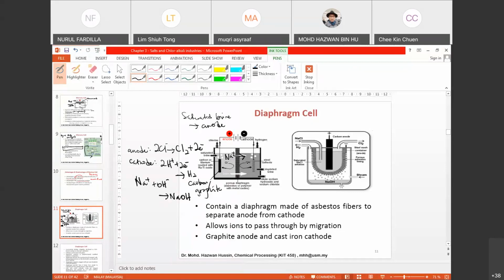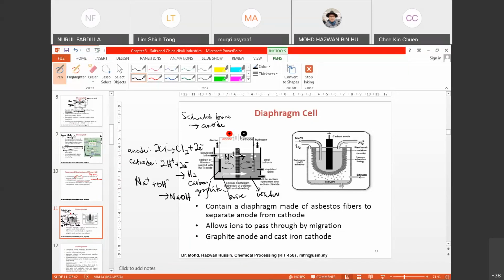So the function of the diaphragm is not only to separate the solution of anode and cathode, because over here you have brine solution, and over here you have water. The content of ions from here to here is not really the same.